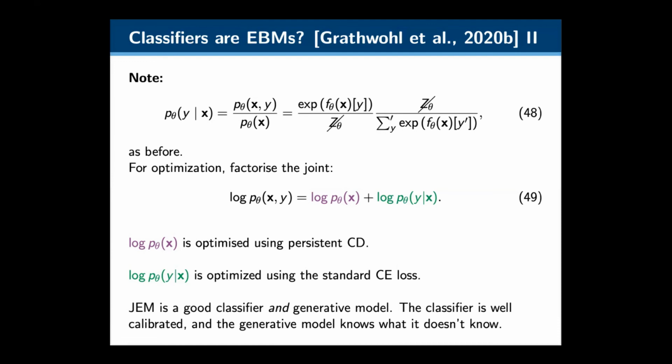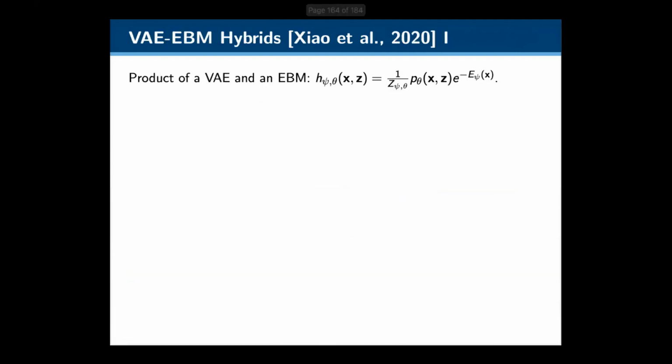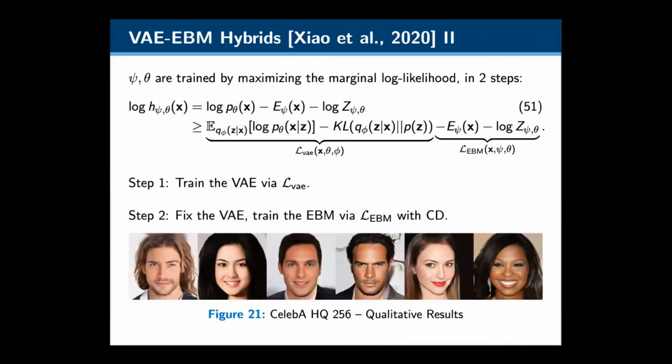Cool. That was a super brief summary of that. Here's another super brief thing, which is that you can combine a VAE and an EBM. I guess the idea is that VAEs, especially these modern fancy hierarchical VAEs, are quite good at drawing pictures of faces that look really realistic.